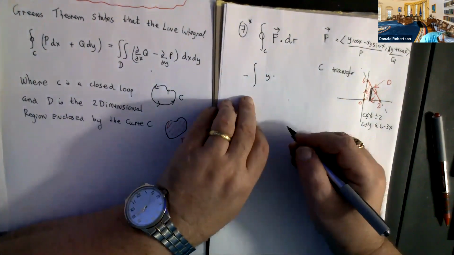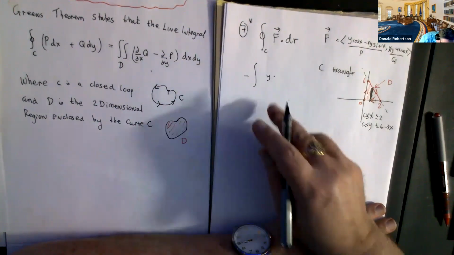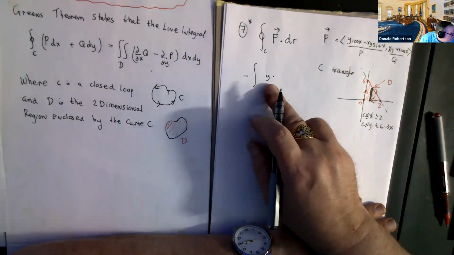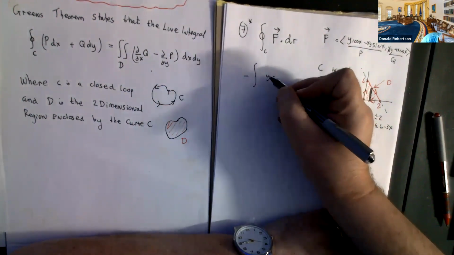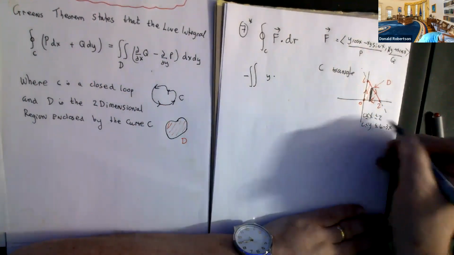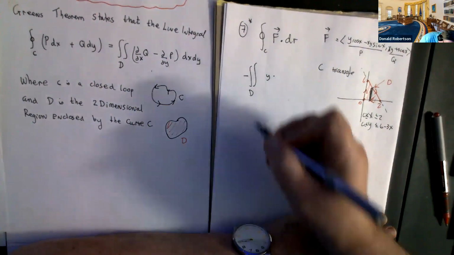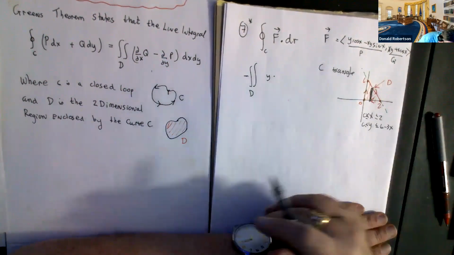So what was I going to write here? Oh. So we're going to do a double integral over this region here, which I'm just calling D right now. The minus is to account for the orientation being clockwise.